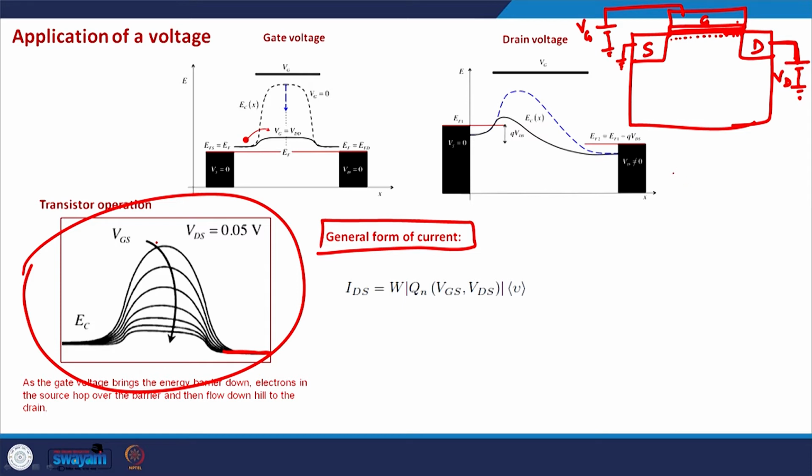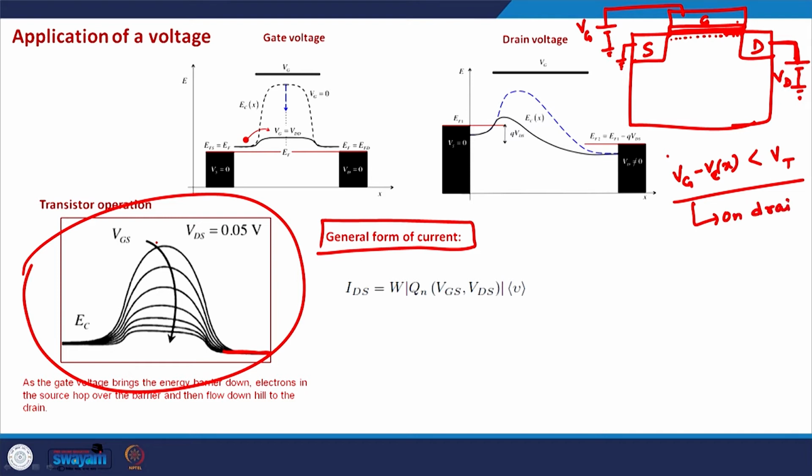The voltage difference between Vg and, let us say, Vc, the channel, or let us call it Vx, on the drain side especially, might be less than the threshold voltage.